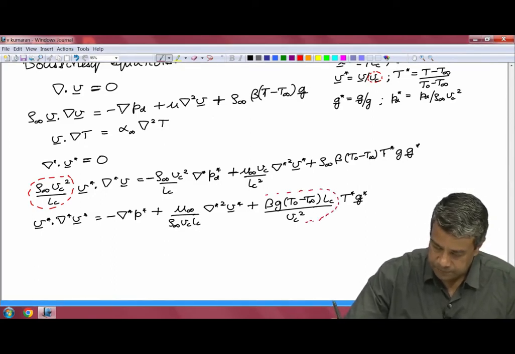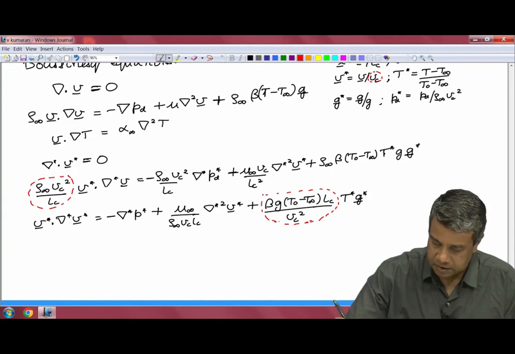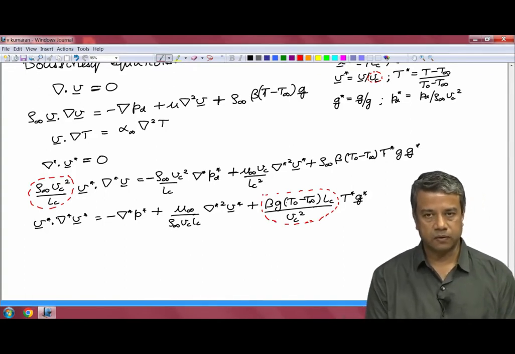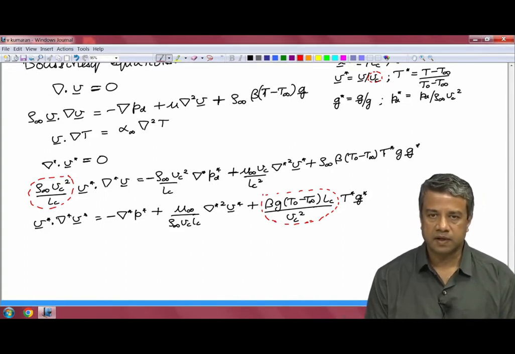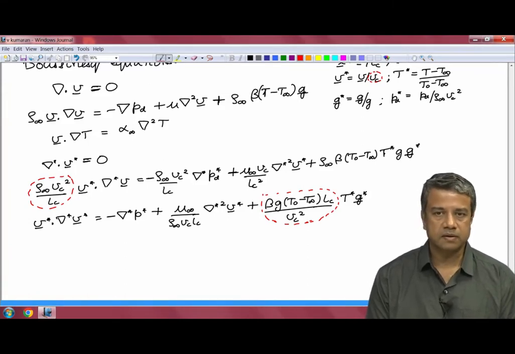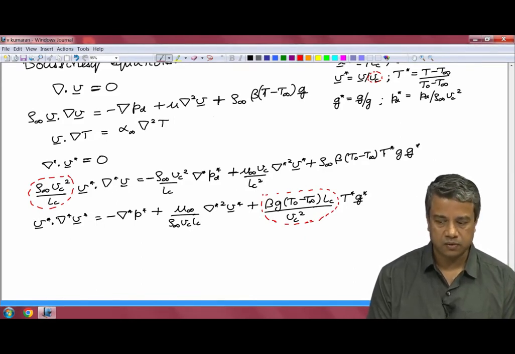Because the buoyancy force is what is driving the flow, and the buoyancy force has to be balanced either by the inertial term or by the viscous term. In this particular case, we have chosen the inertial term to balance the buoyancy force. We will see that that is actually a valid assumption soon.